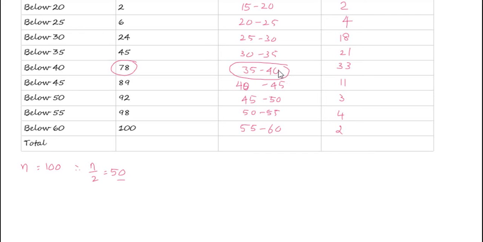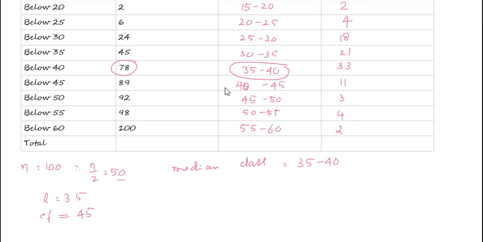So median class equal to 35 to 40. L equal to 35. CF is the cumulative frequency of the preceding class, so it is 45.